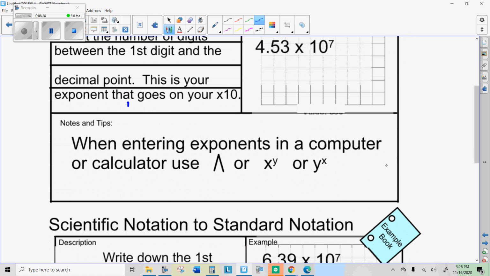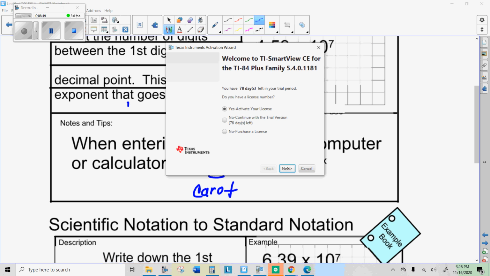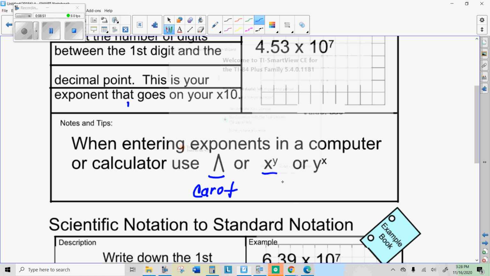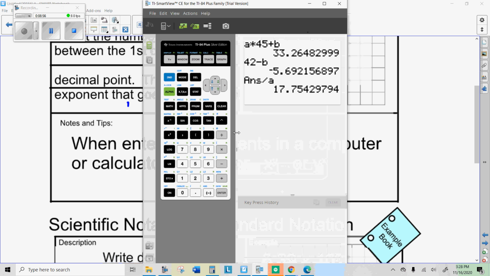When entering exponents in a computer, you use this. It's called the caret. I think it's spelled like this. Not 100% sure about that. But some calculators, like my scientific notation calculator that I use with 8th graders, my older version, uses that caret symbol, and the caret symbol is what you need to push.